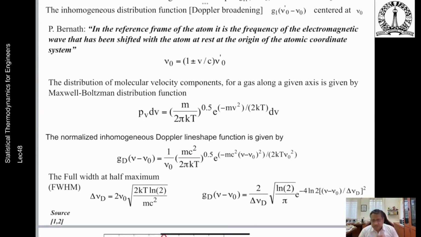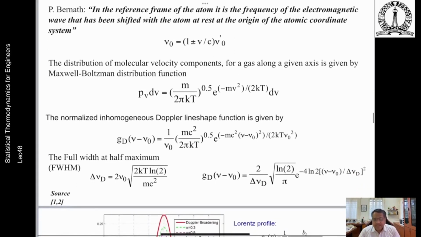As a matter of fact, it's pretty complicated to write. The full width at half maximum is given by this, and the total line shape function is given at the end of the table, right? So the full width at half maximum is here, and the normalized Doppler line shape function is given like this.